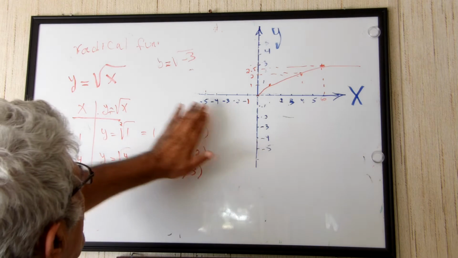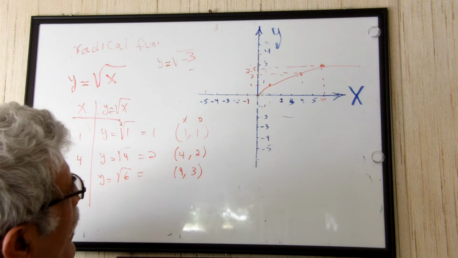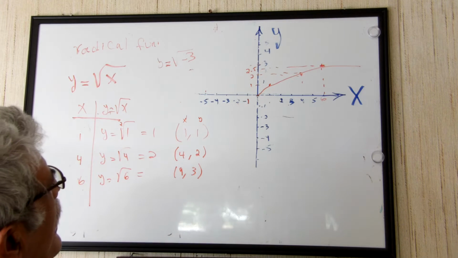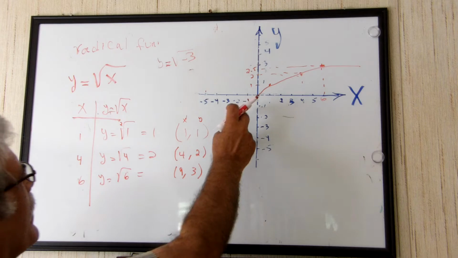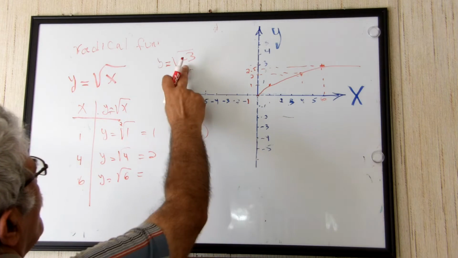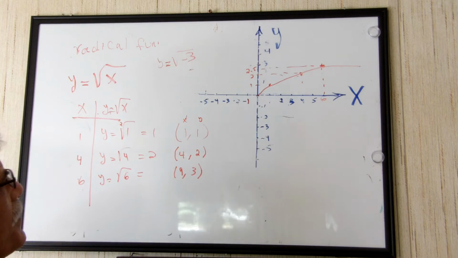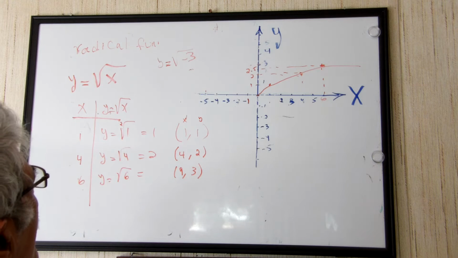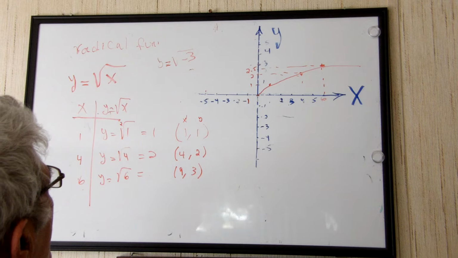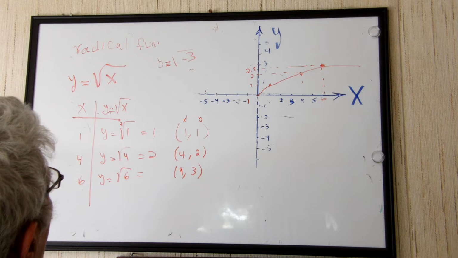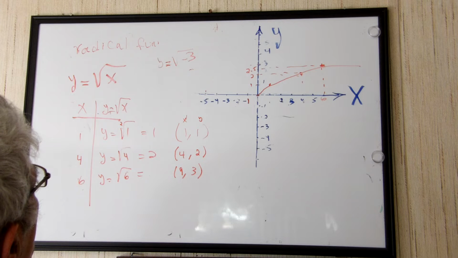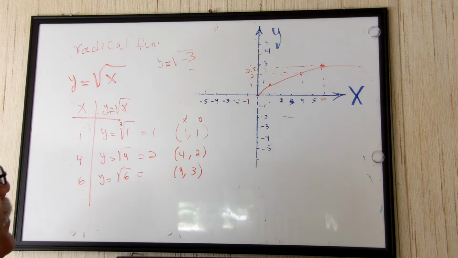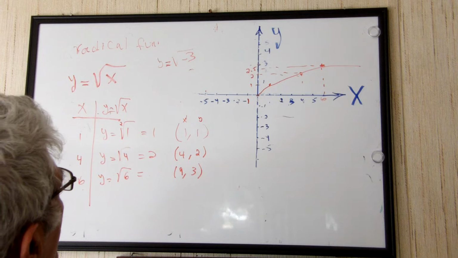So you can't give any number that is less than 0. If you give it, it's going to be minus, and there is no answer for that. It cannot be a real number.